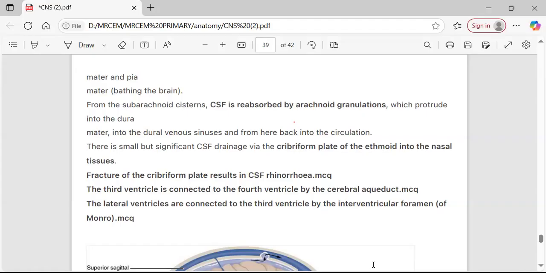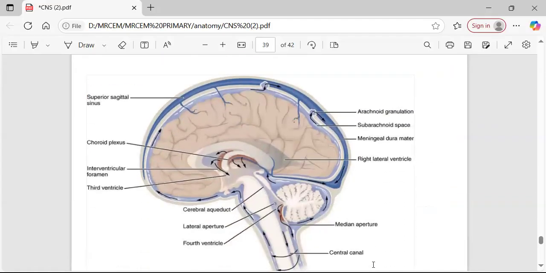The third ventricle is connected to the fourth by the cerebral aqueduct. We discussed that the lateral ventricle is connected to the third ventricle by the interventricular foramen. You can see here, in the lateral ventricle, there is the interventricular foramina. From here, it comes to the third ventricle.